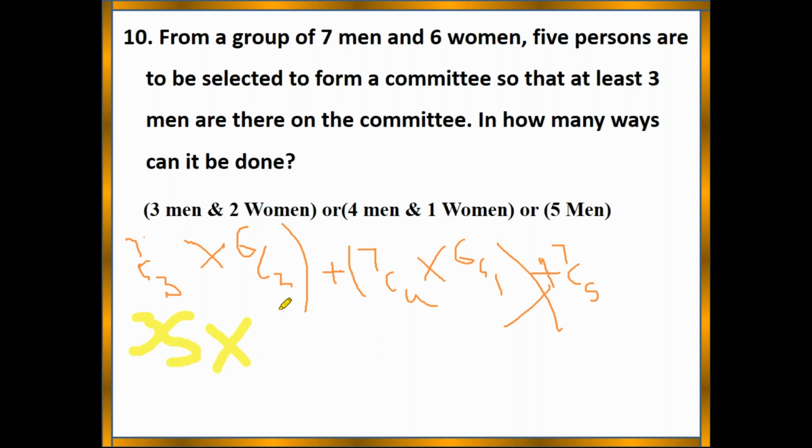And what is the value of 7C4? Please concentrate. 7C4 is 7 factorial by 7 minus 4, 3 factorial into 4 factorial. If you observe clearly, 7C3 and 7C4, the values are the same. 35 into 6C1.